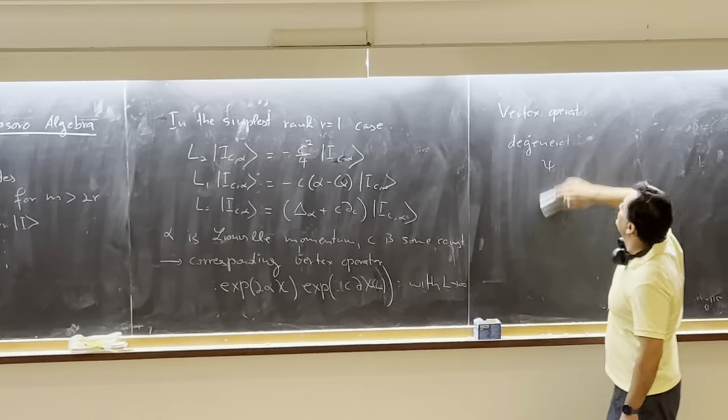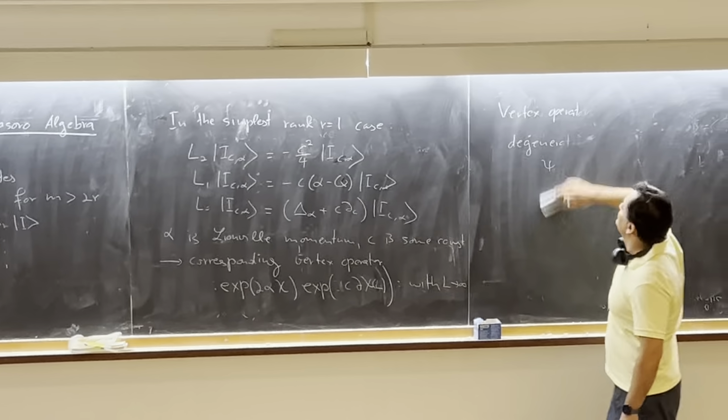So more generally, we have that the rank n irregular vertex operators are given as follows. So I will denote them as follows.